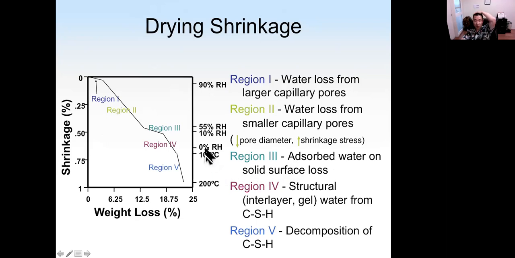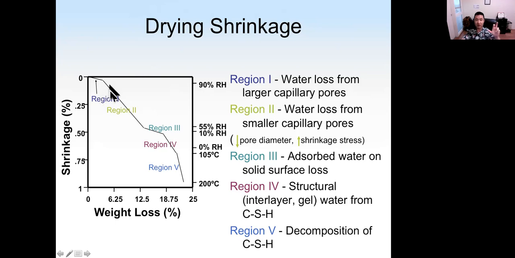All right, so coming back to this curve, this is for drying shrinkage. And we know, for example, in region 2, which is drying from smaller pores, the slope of the curve is much steeper compared with region 1, which is water loss from the larger pores.